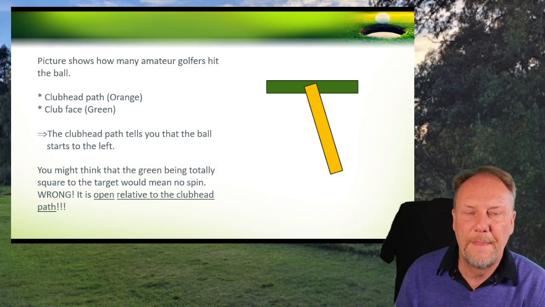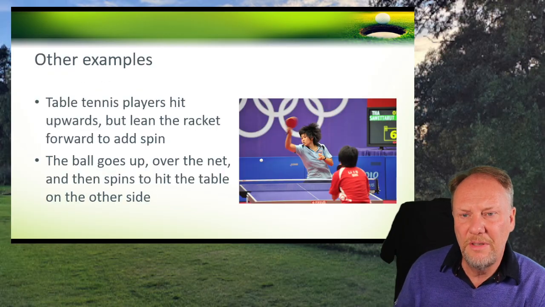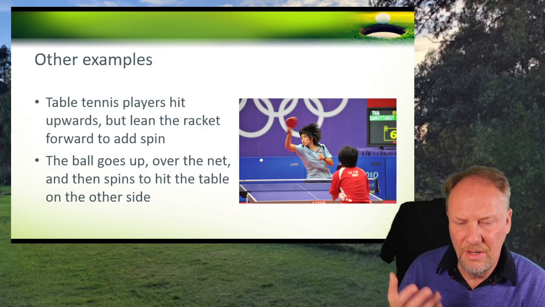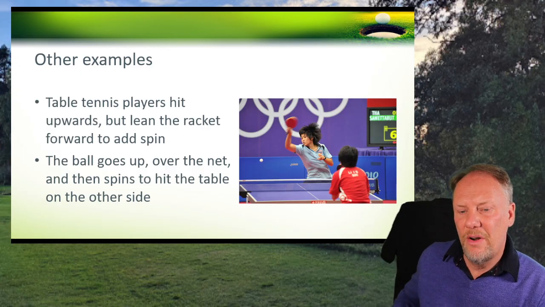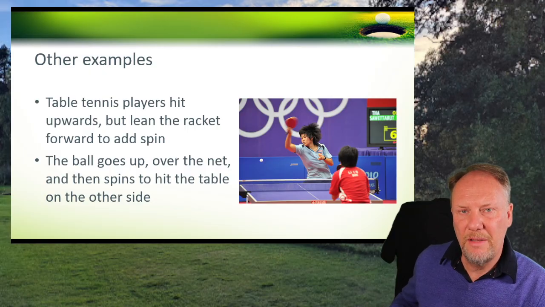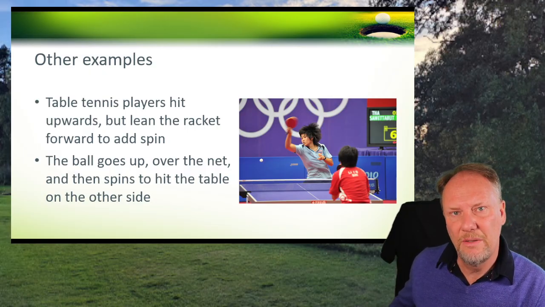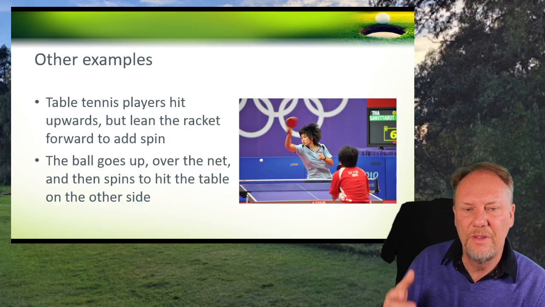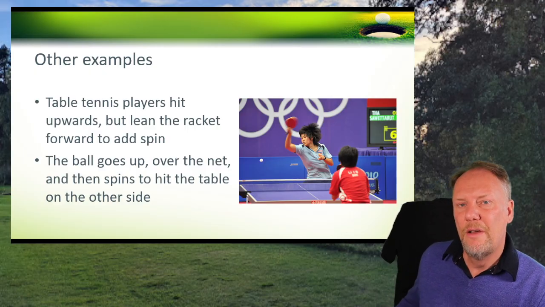Right. So if you look at the table tennis player, and this is an example from the Olympics, they are hitting the ball with the bat, or racket, whatever the tool is, from a low position to a high position.